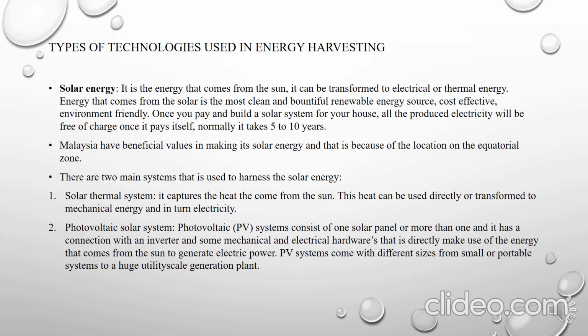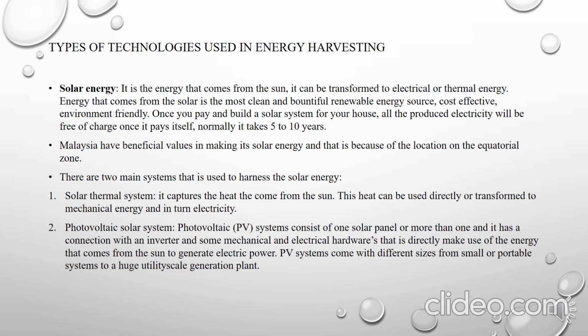There are two main systems used to harness solar energy. First, the solar thermal system, which captures the heat from the sun. This heat can be used directly or transformed to mechanical energy and turned into electricity.